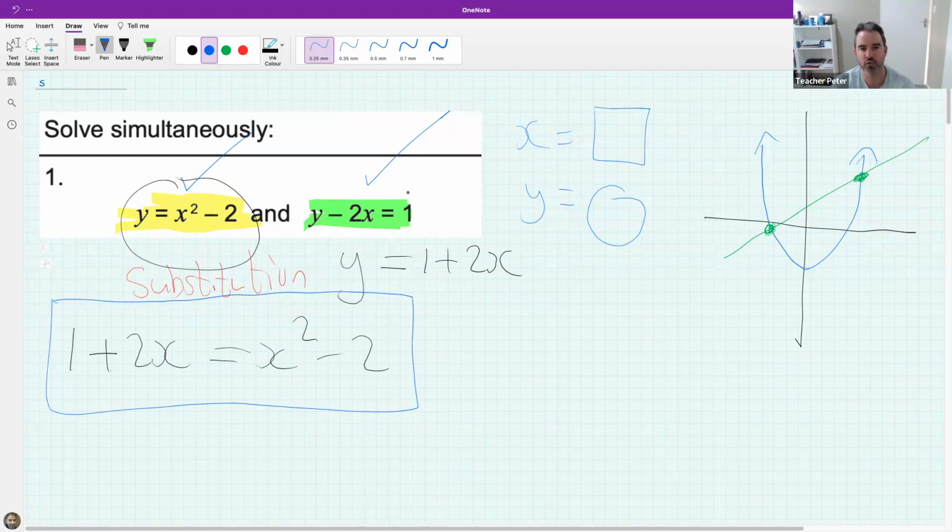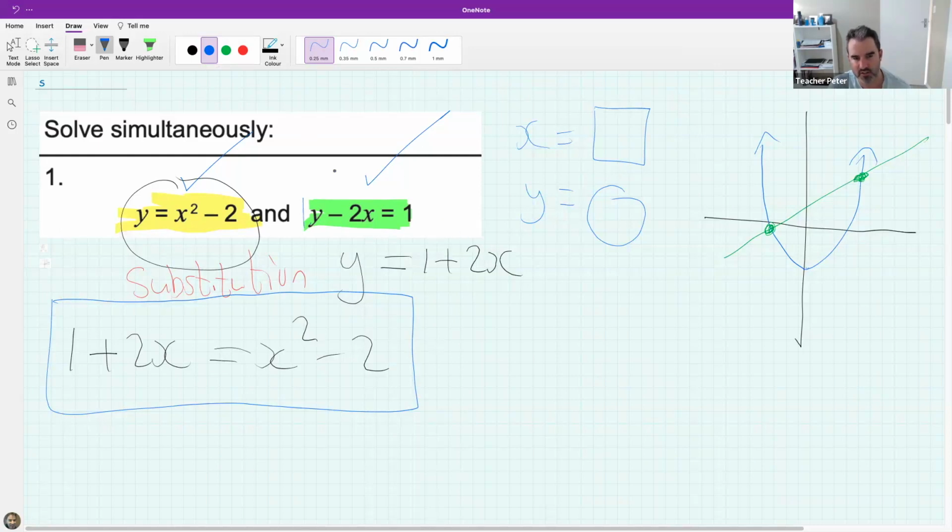So you go from the easy looking one and you sub it into the harder looking one. Also, when you're given a choice between the two variables, the 2x looks harder because it's got a 2 in front, where the y looks all easy and by itself with a 1.